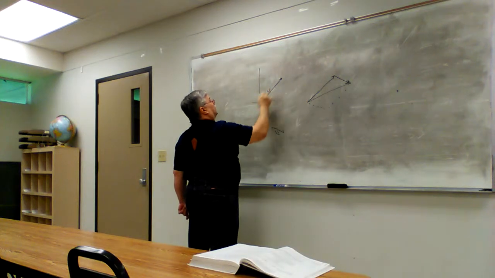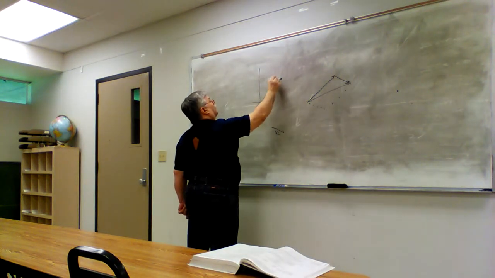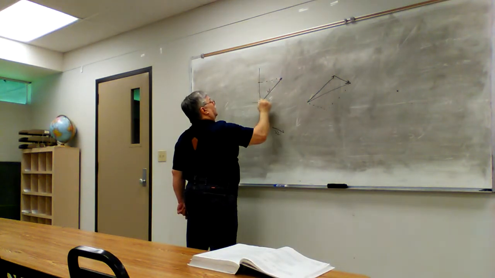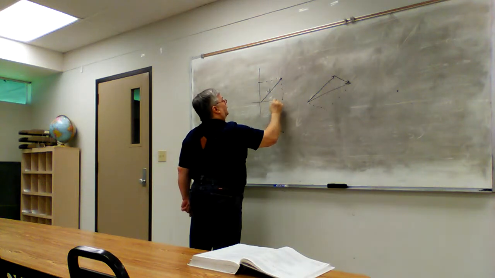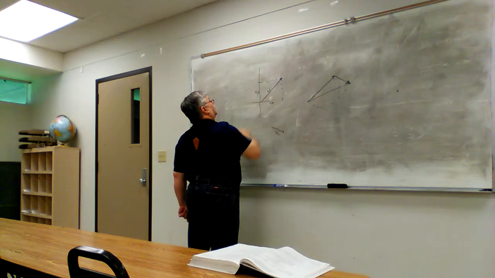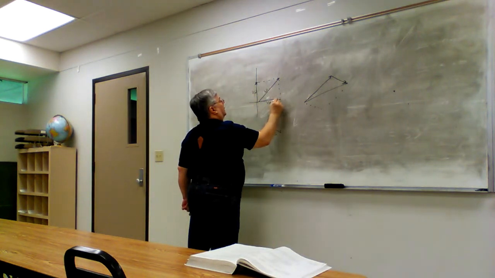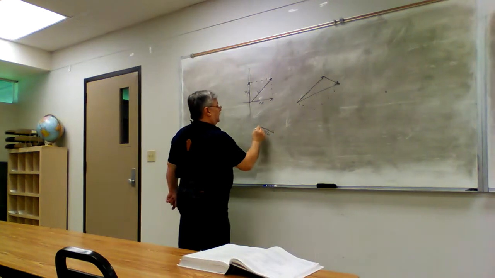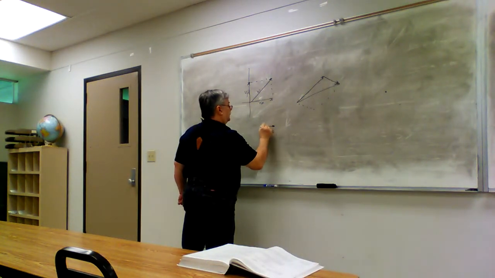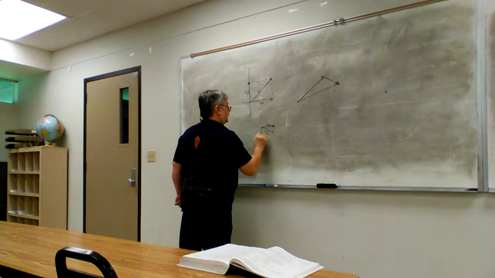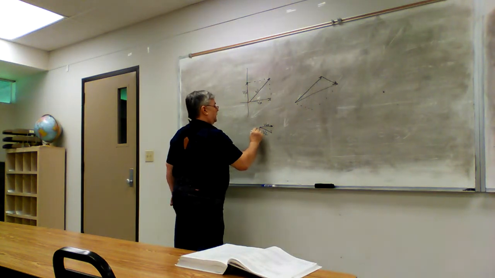If we convert this one into rectangular coordinates, we've got V1 sub x and V1 sub y, here and here. Here we've got V2 sub x and V2 sub y.